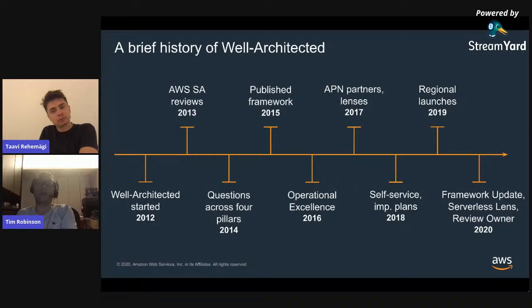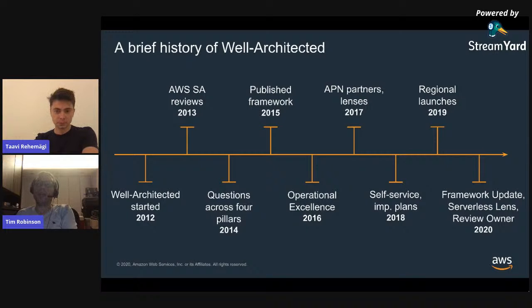So we really wanted to be able to cater for that segregation of environments, and we appreciate that running a review against classical architecture is perhaps very different to running one against a serverless architecture. So we started to work towards building out lenses. And these lenses would overlay the framework itself and allow a reviewer to really talk in depth with regard to a specific workload, be it serverless, IoT, or anything of a very refined nature.